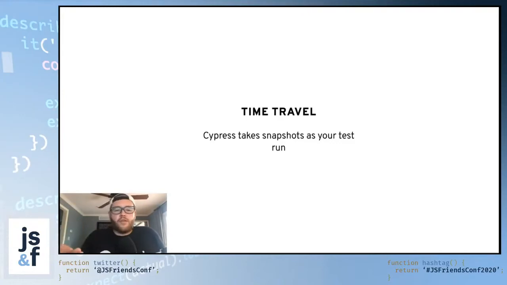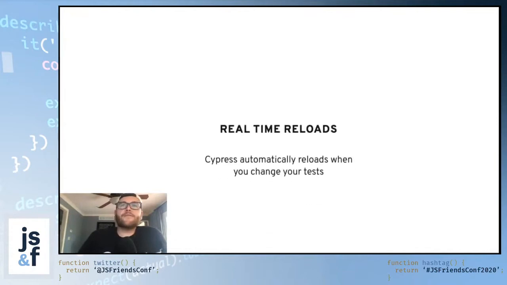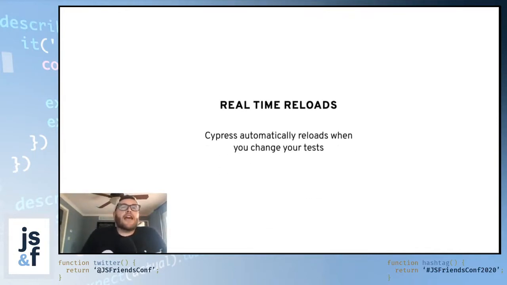If you've used a tool like Redux before, and you have the Redux dev tools where you can time travel every action that was dispatched into your reducer, you get that same sort of behavior with Cypress, because you get the time traveling where you can see every step of the test. You can go back and see a snapshot of what the DOM looked like. I think that's a very cool feature. You also get real-time reload. Every time you make a change to a test in Cypress, it will automatically reload the app in Cypress.